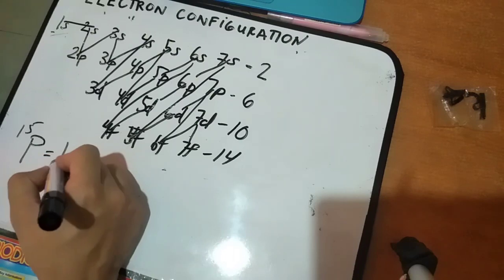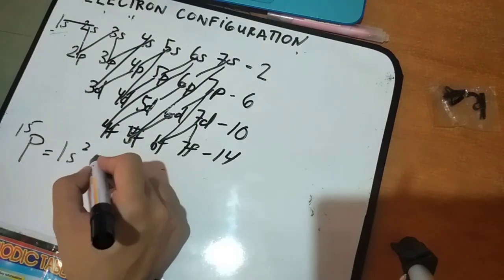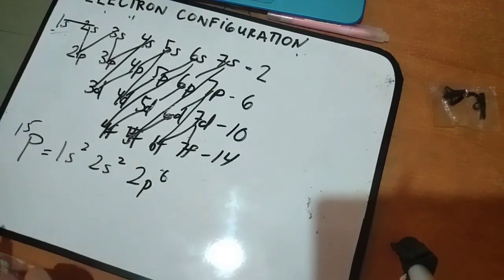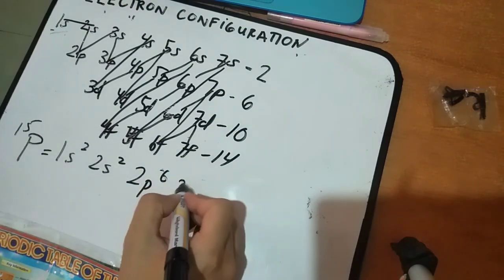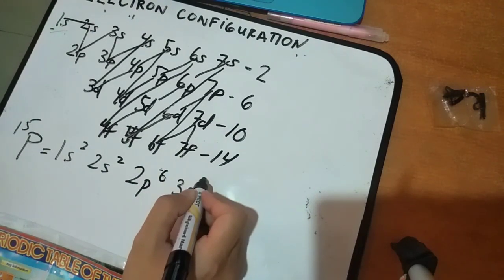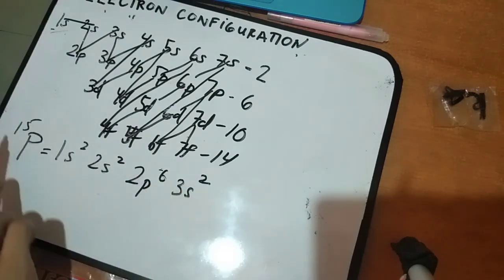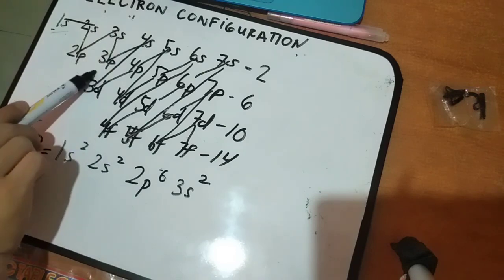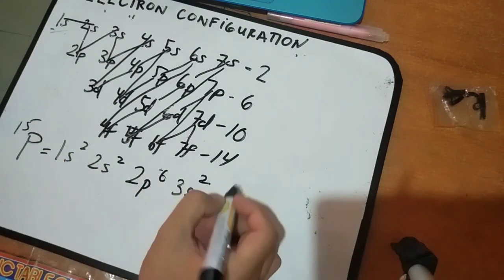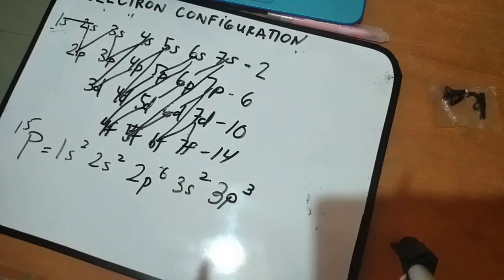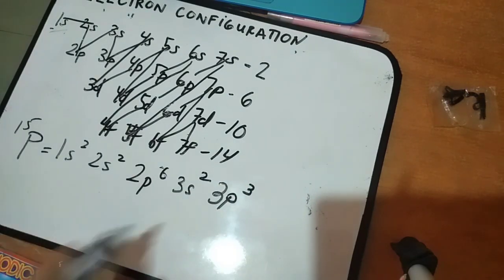So, this would be 1s2, 2s2, 2p6. So, we already have 10. 3s2. So, we now have 12. Then, we need 15. After 3s, the next one is 3p. So, ilan na lang kulang? 3. Okay? So, we have now the long method.